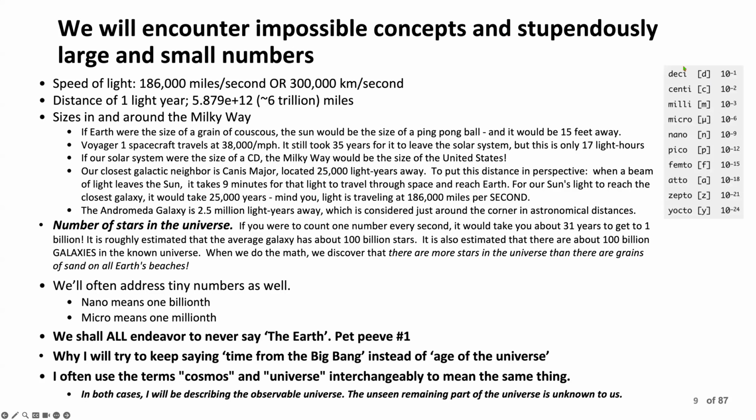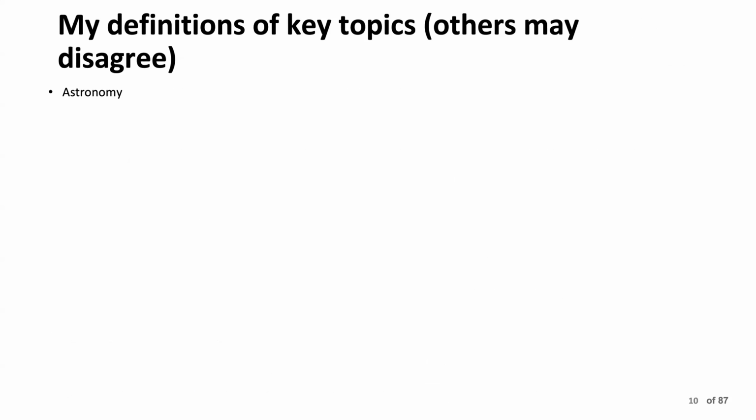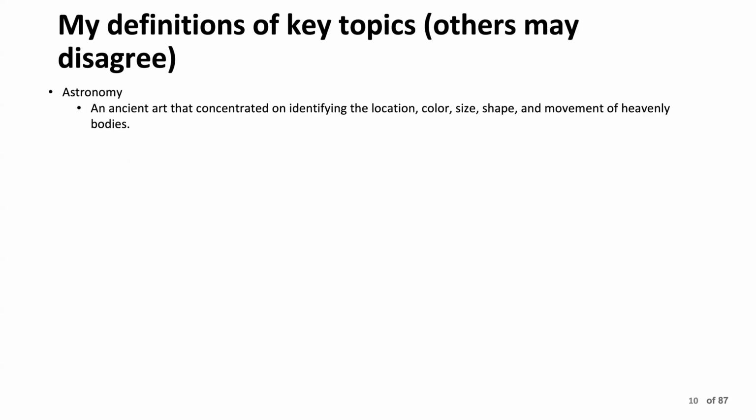Here's another little table of definitions of tiny numbers. So what are the art forms that we use to observe the cosmos? Astronomy is an ancient art.